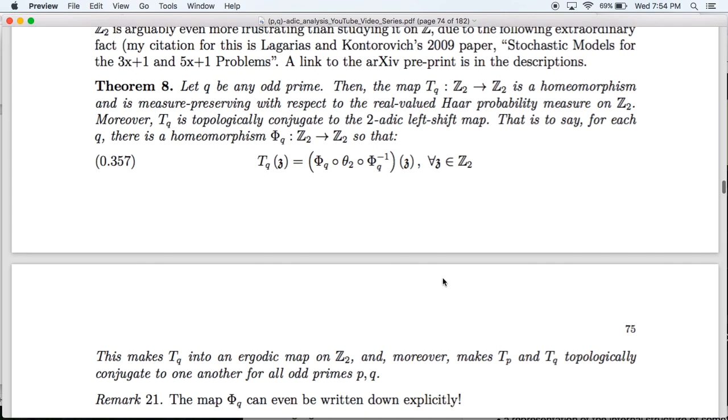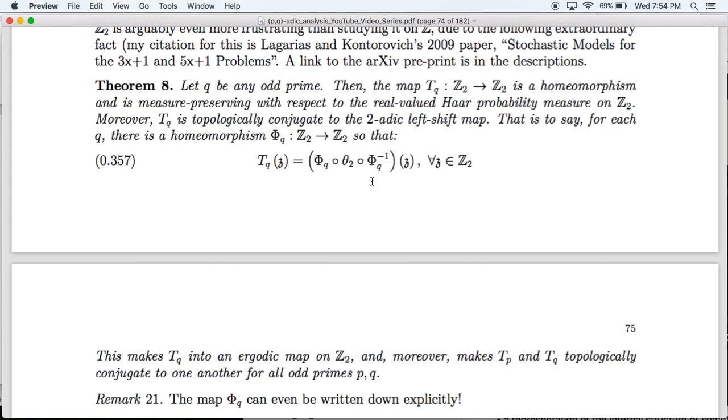And this map, we can even write it down explicitly. Lagarias and Kontorovich have the formula for it. So what this says is, even though T3 is conjectured to have only 1, 2 as its cycle and send all other positive integers to that cycle, and even though it is conjectured that tq, for q greater than or equal to 3, should send almost every positive integer to infinity, if we consider tq and T3 on the two-adic integers, their dynamics are topologically equivalent.